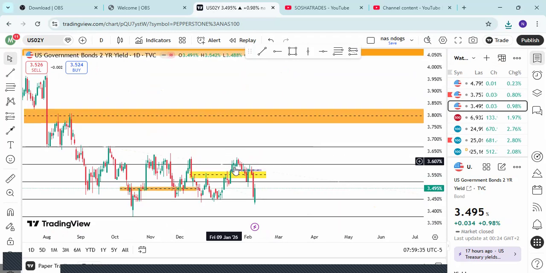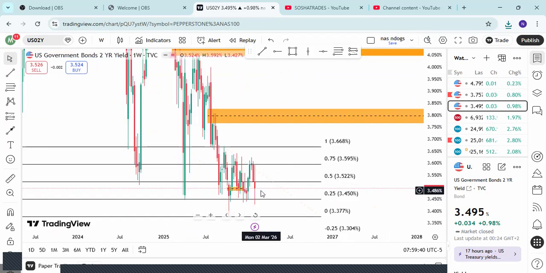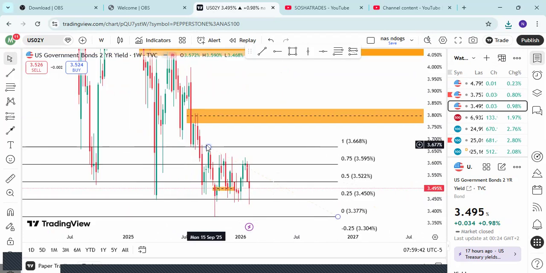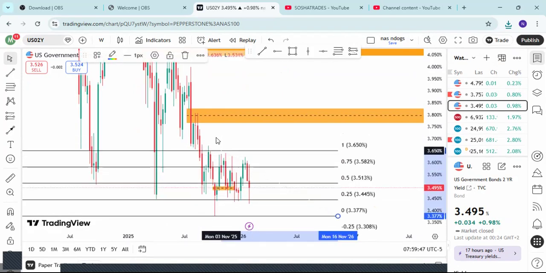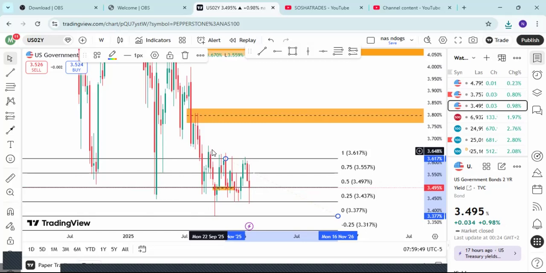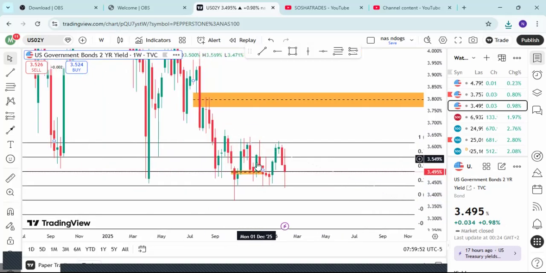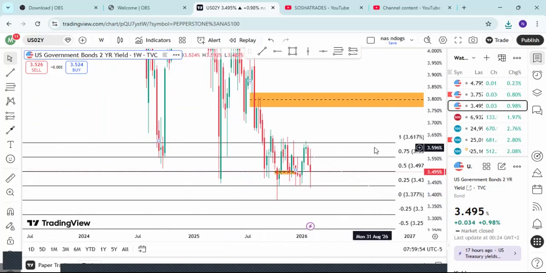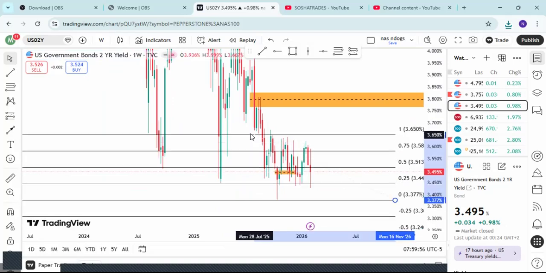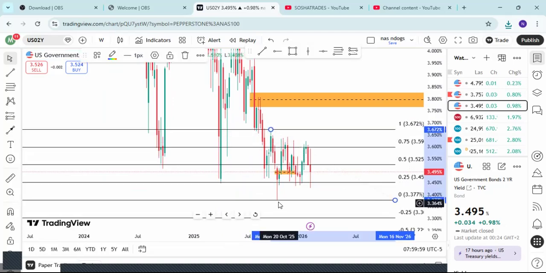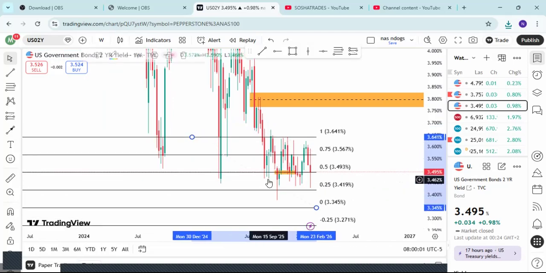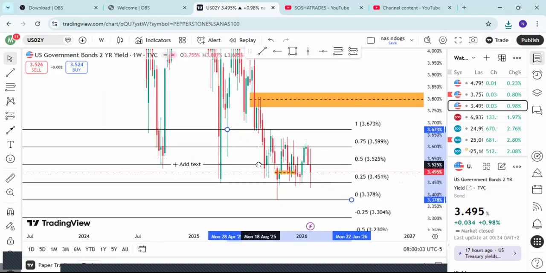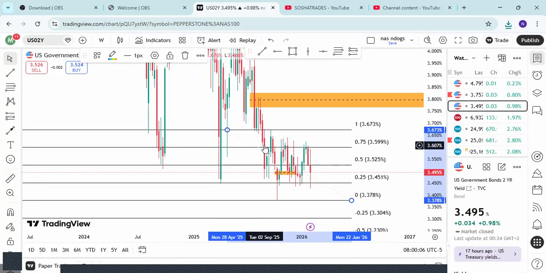Okay, so this is the Y20. Let's go in the weekly with the Y20. Also here in the Y20, we see that this fib is making this high here and this low here. We can see that also here we've been bound in a range.